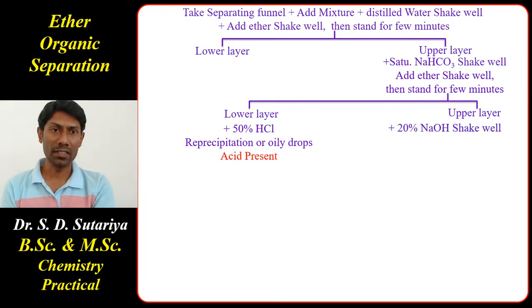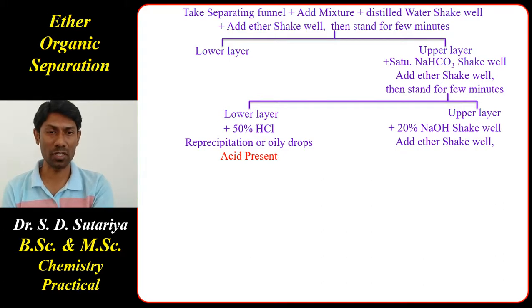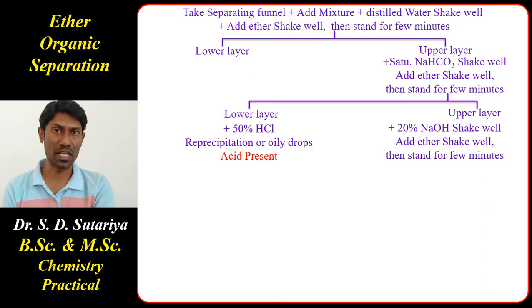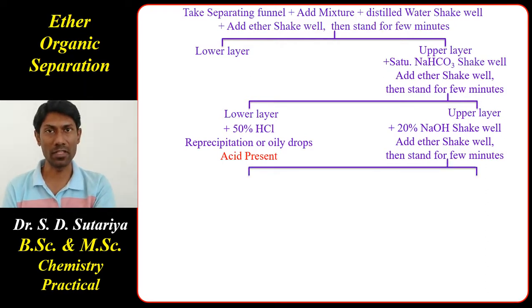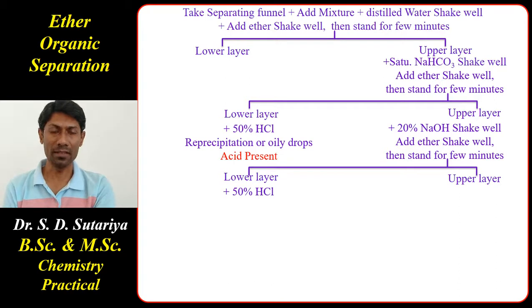Okay, take the upper layer plus 20% NaOH and shake well. Same process: close and open the cork. Add ether, shake, and stand for a few minutes, then divide into lower layer and upper layer in the separating funnel. Collect the lower layer in a beaker and add 50% HCl.